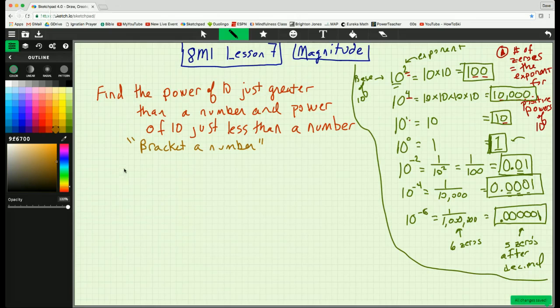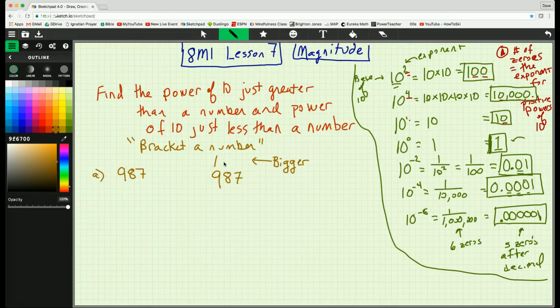So if we looked at the number 987, this is problem A. Bracketing 987, we want a power of 10 just greater than this number. This is going to be a 1 with a number of zeros after it, and is bigger than 987. Is 1 bigger?